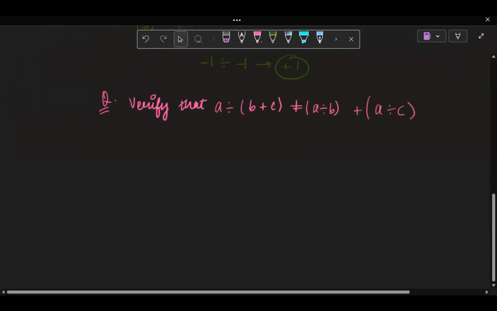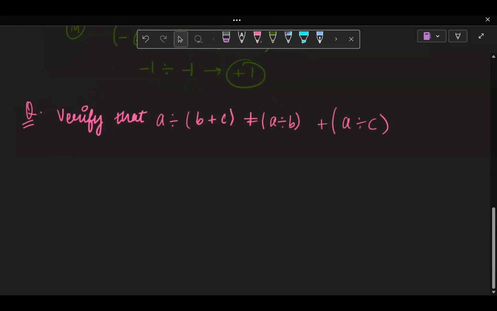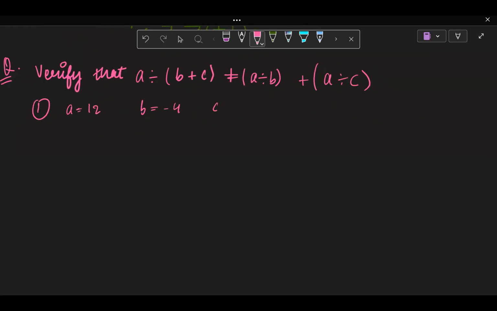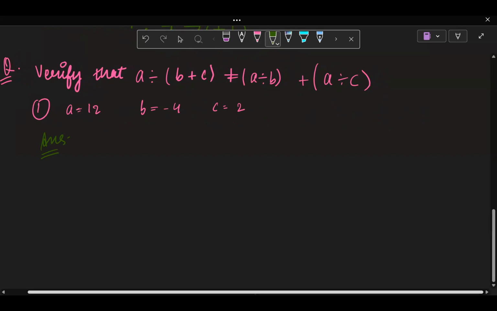For each of the following, the first one says A is 12, B is minus 4, and C is 2. So what will you do? Instead of A you put 12, instead of B you put minus 4, and instead of C you put 2.